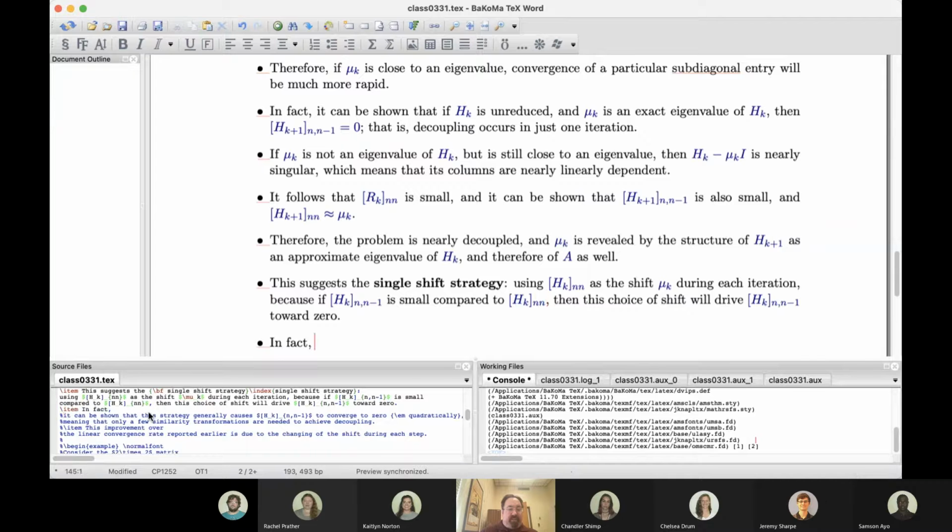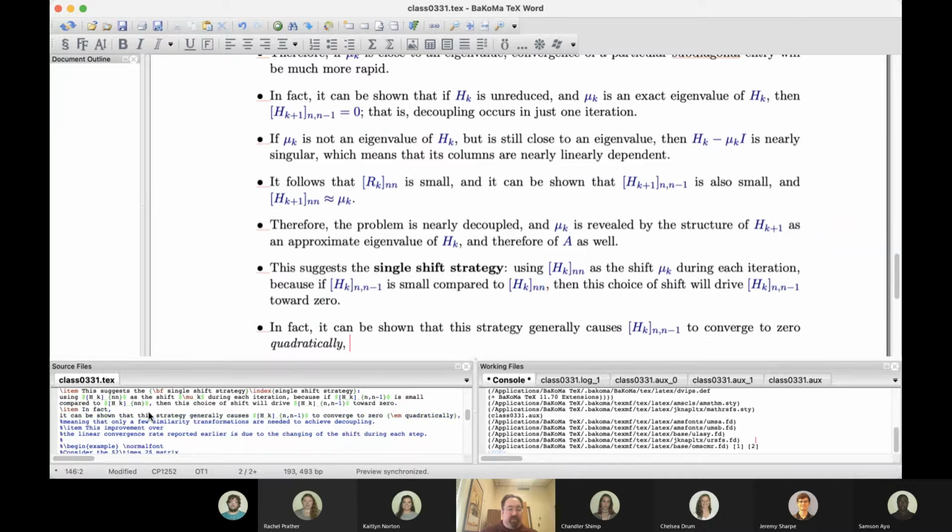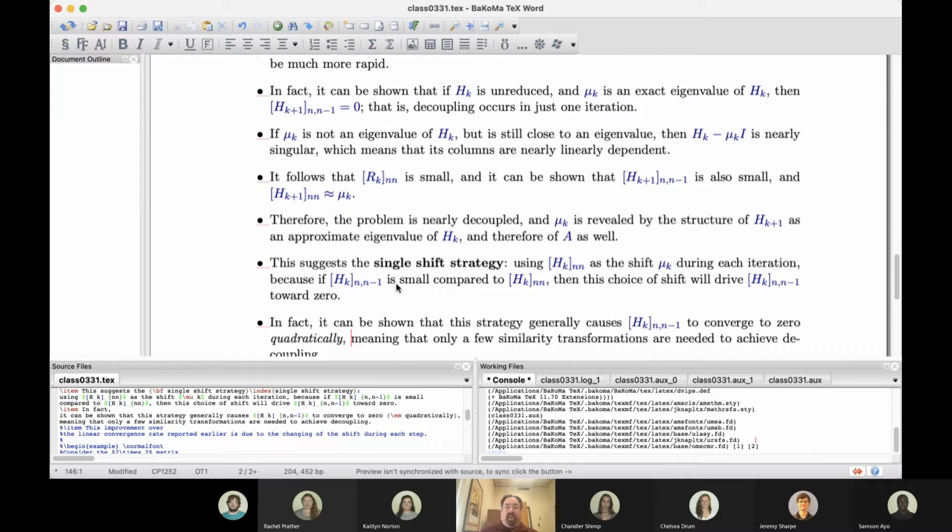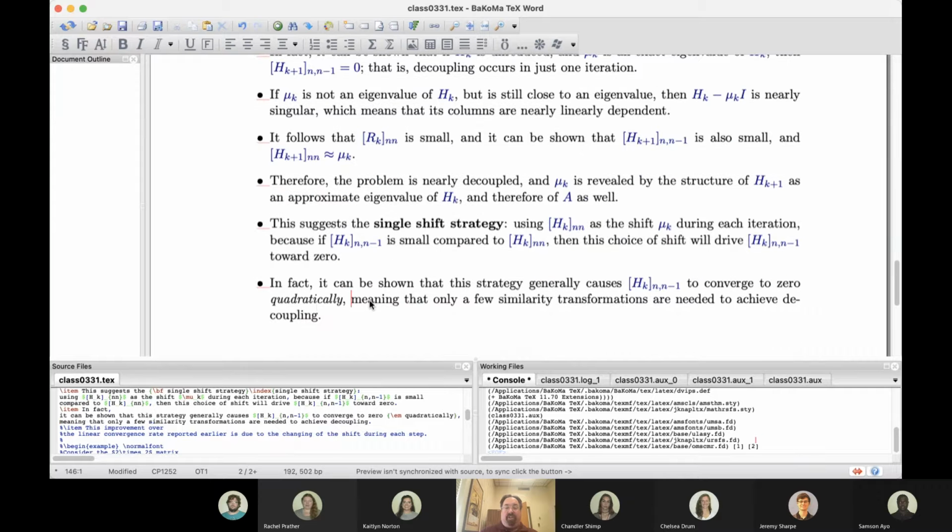Now, how fast can it go to 0? It can actually be shown to converge to 0 quadratically. That's very important. When something is converging quadratically, that means that with each iteration, the number of correct decimal digits roughly doubles from one iteration to the next.